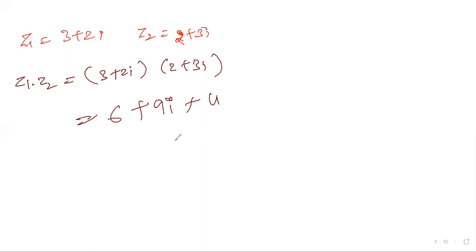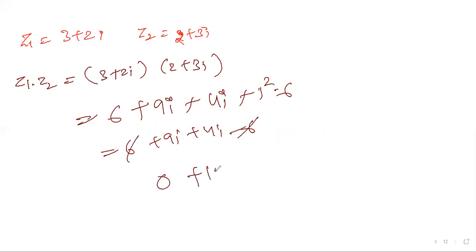So 6 plus 9i plus 4i minus 6; 6 minus 6 is gone. The answer is 0 plus 13i, or you can write it as (0, 13). Nothing wrong in that. When multiplying two numbers, you get an answer like this.